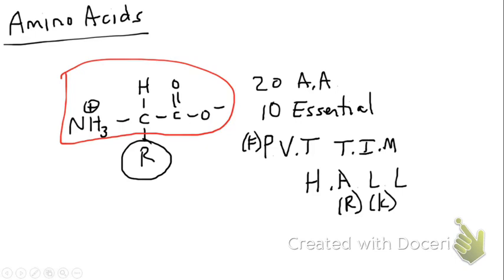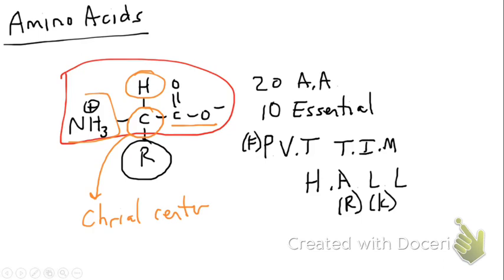Another thing we can notice about this amino acid is depending on the R group, this carbon is a chiral center. We're not going to go into much detail about chiral centers. All we're going to talk about is the way that the amino acid is drawn here, whether you have the carboxylic acid here or you can put it up here where this hydrogen is.